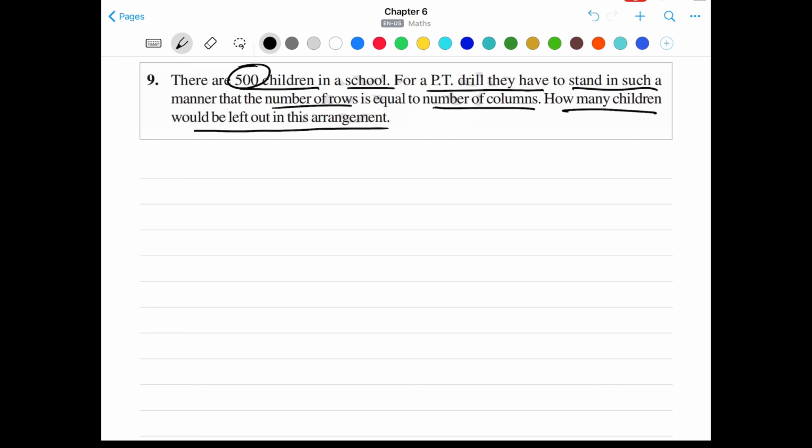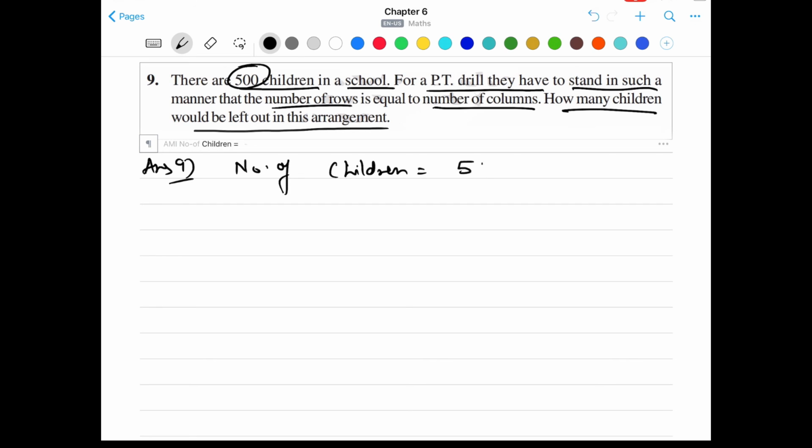Okay, so the answer to question number 9. We have the number of children equal to 500. So he has to make a formation where the number of rows and number of columns are equal. Again we'll start by finding the square root of the number 500.